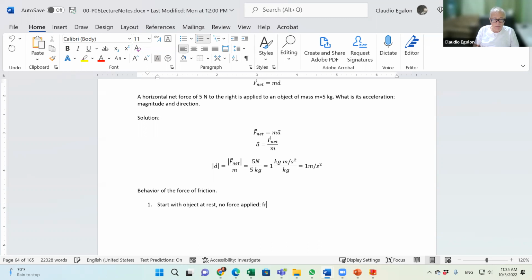What does it mean? It means that, because the object is at rest, the frictional force is going to be the so-called force of static friction, okay? Abbreviated by the symbol f sub s.